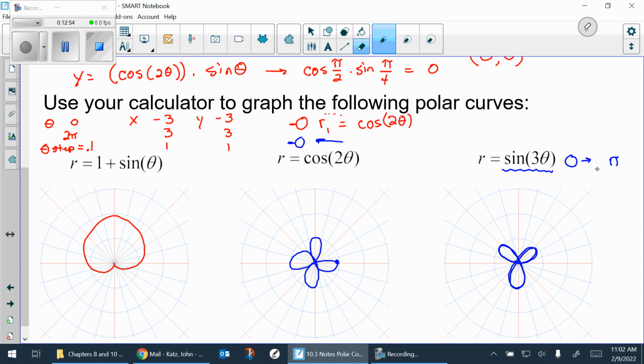So anytime you draw a graph in polar coordinates, make sure that you are using this kind of a line, so that you know where it is and how many times it traces over itself. Okay? Not real important right now, but it will be. So make sure your calculator is set that way.